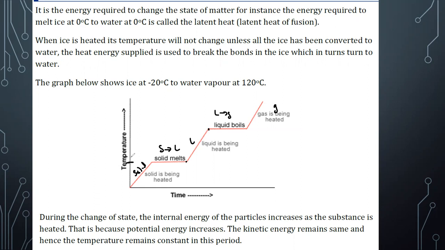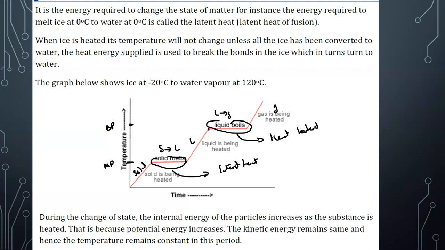The temperature at which the solid converts into liquid we call melting, and when liquid turns into gas, we call that boiling. The energy supplied in this part is known as the latent heat. Latent means hidden heat, because the effect of the heat is not visible here. Heat normally causes temperature to change, but in this case the temperature is not changing, because the energy is used to break the bonds.